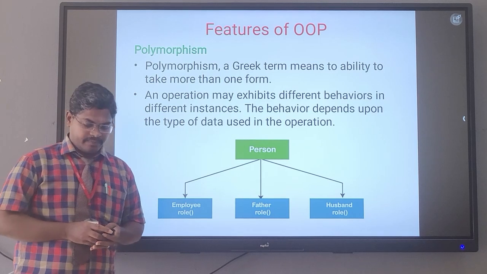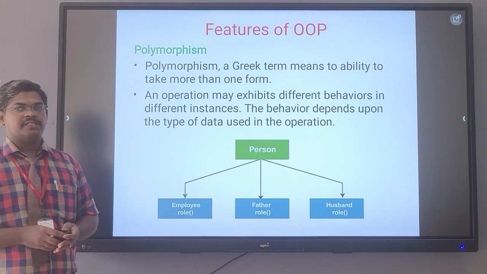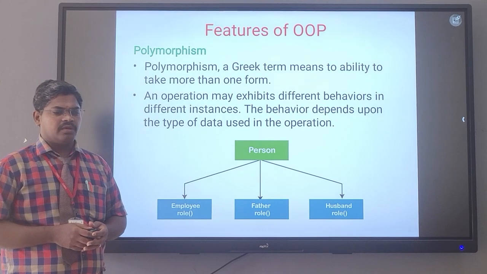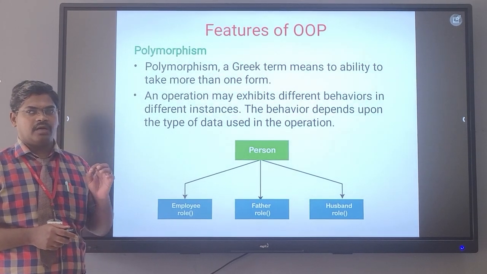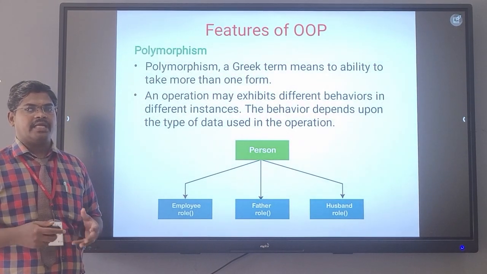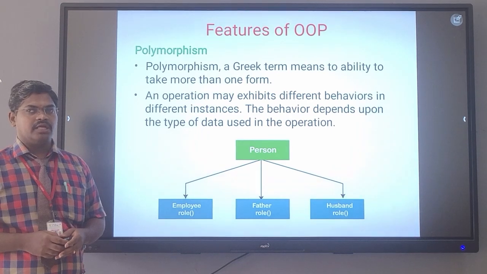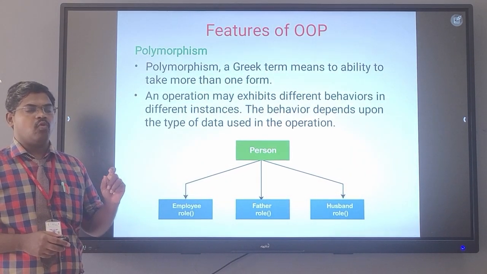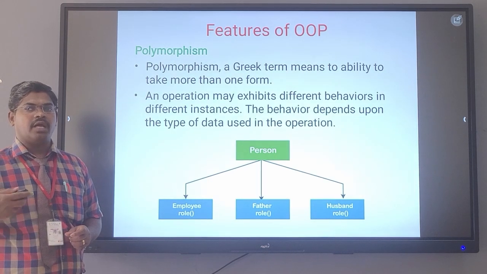Polymorphism is another key principle in OOP. In polymorphism, one person acts with different behavior. Likewise, inside a class, one function can use different types of processes.